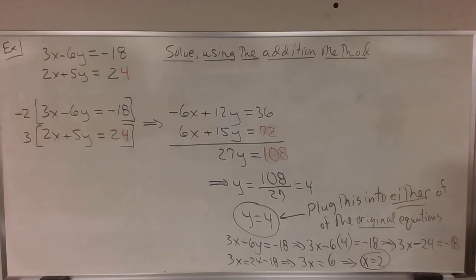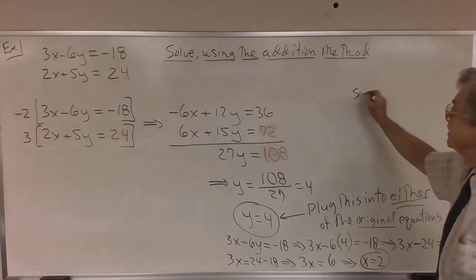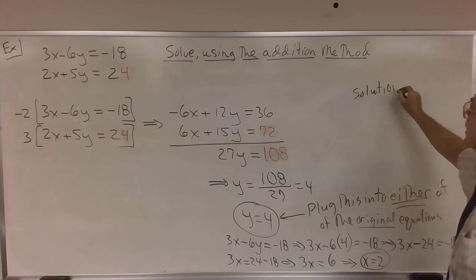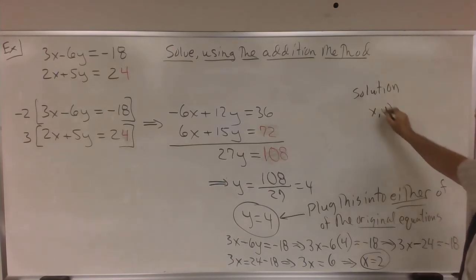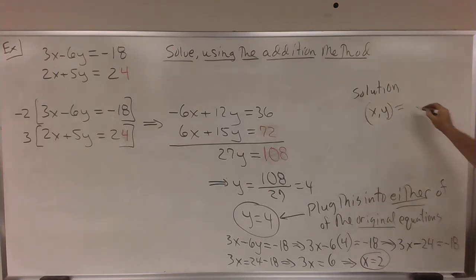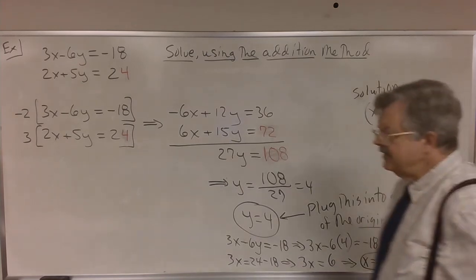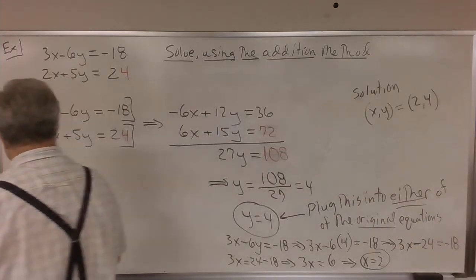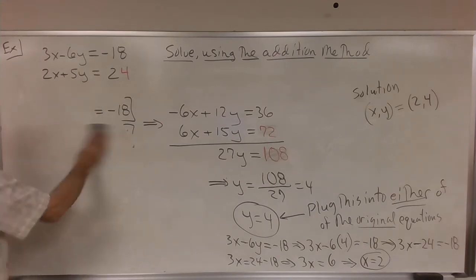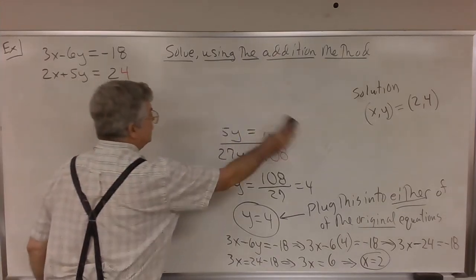So our solution supposedly is x equals 2 and y equals 4. Now, do we believe this? We probably shouldn't. So what we need to do is just check.